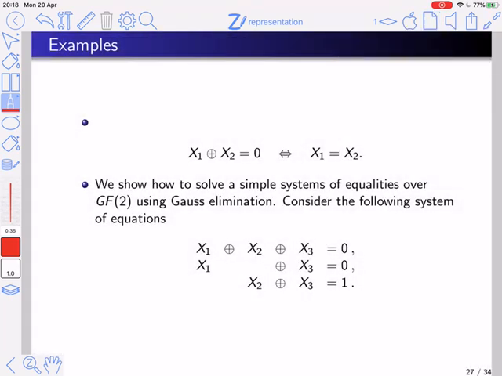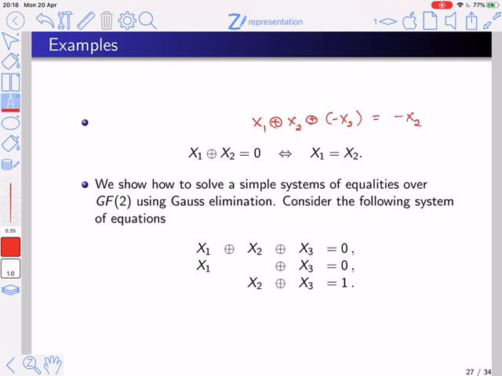So, for example, if I have this equation which says x1 plus x2 equals 0, then I can subtract x2 from both sides, so I get x1 plus x2 plus minus x2 equals minus x2, right?